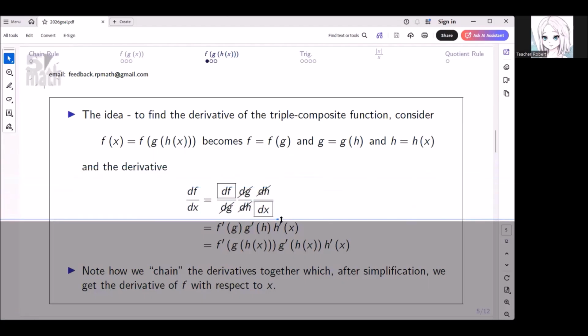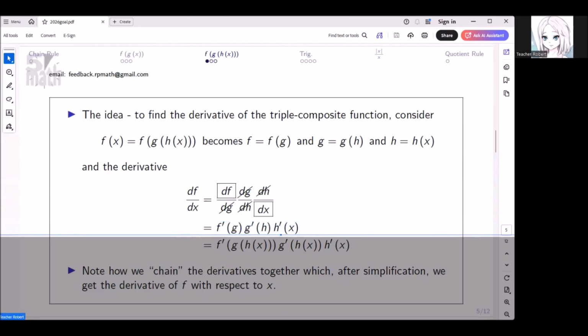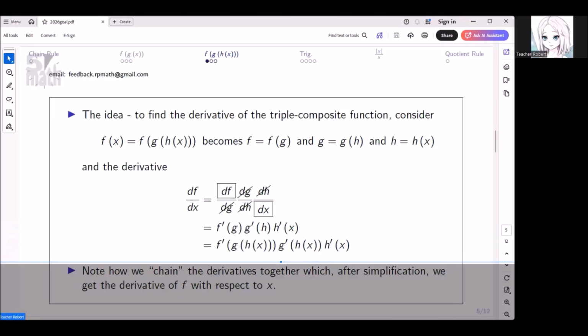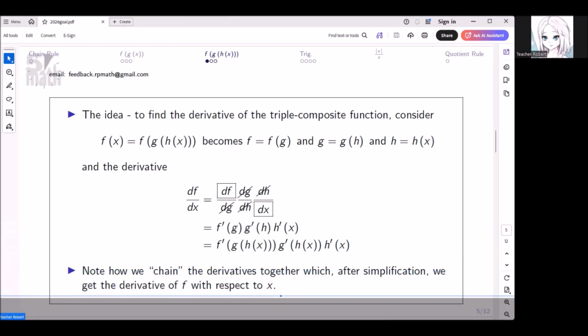And the derivative df dx equals df dg, dg dh, dh dx. f prime of g, g prime of h, h prime of x. f prime of g of h of x, g prime of h of x, h prime of x. Note how we chain the derivatives together, which, after simplification, gives the derivative of f with respect to x.